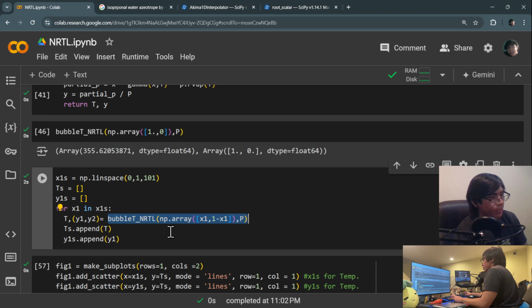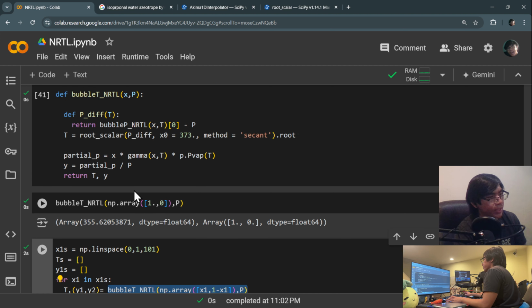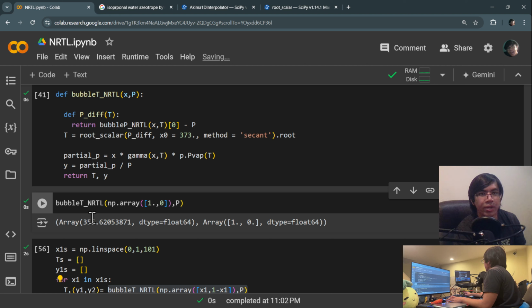But what we do have to remember is that bubble temperature is outputting these two values. So if we want to get our vapor mole fraction of the more volatile component, it would be the second output. Again, indexing starts from 0, so we do 0, 1, and then we do another bracket to get the first element, since this is the more volatile component.